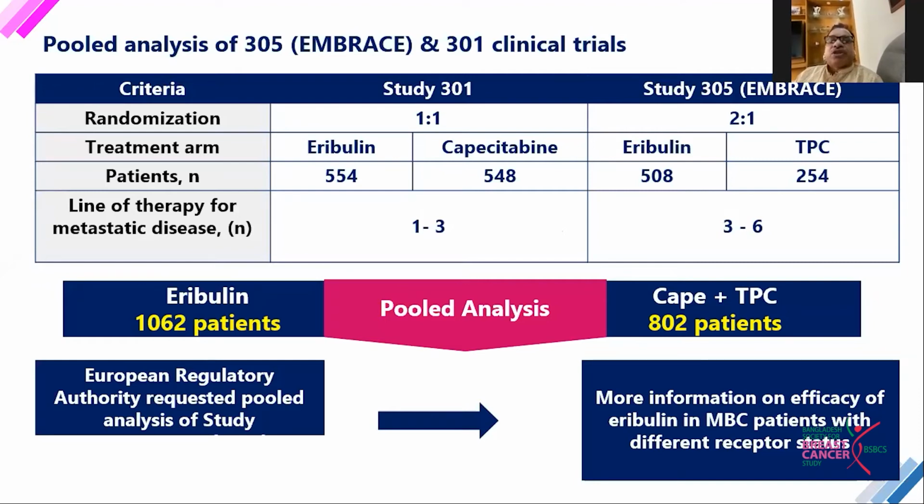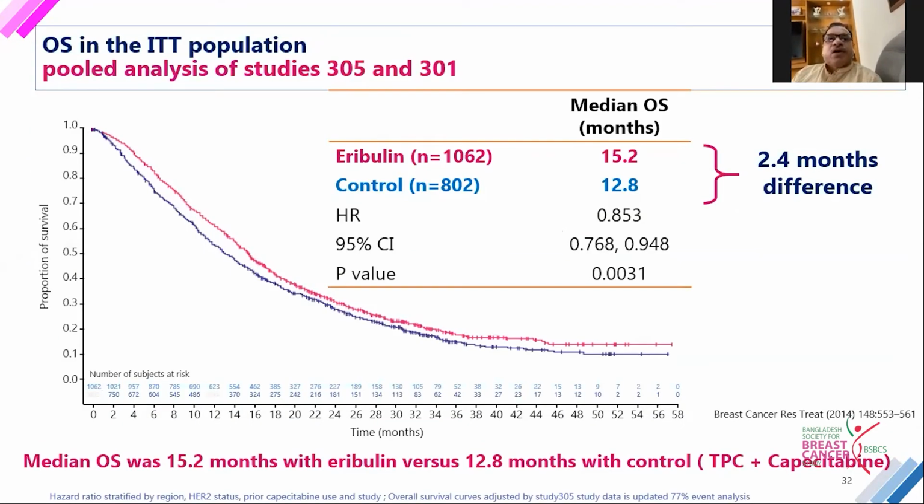In the overall survival in the intent-to-treat populations of these two studies, altogether, eribulin gives an overall median survival of 15.2 months, whereas the control group has 12.8 months.